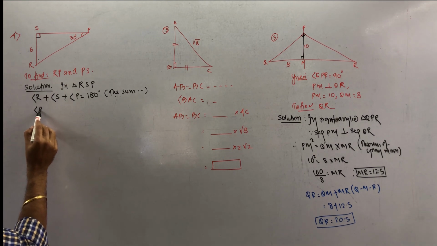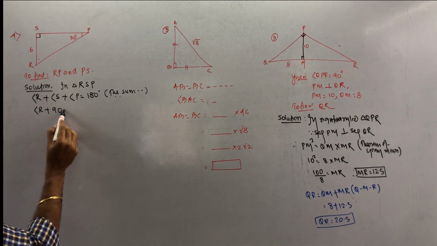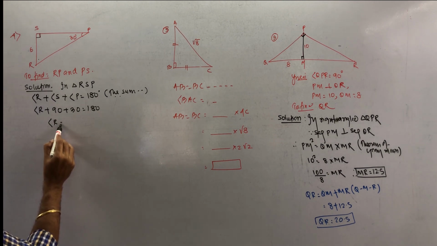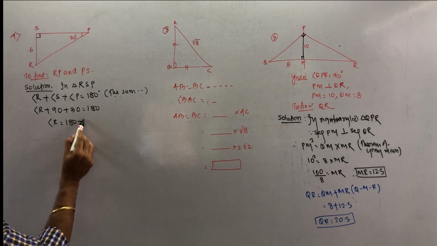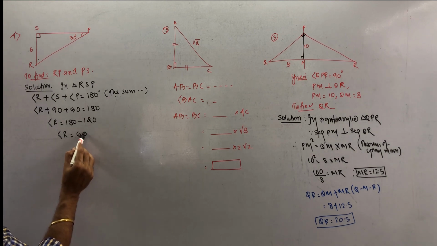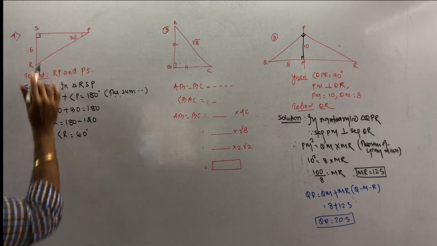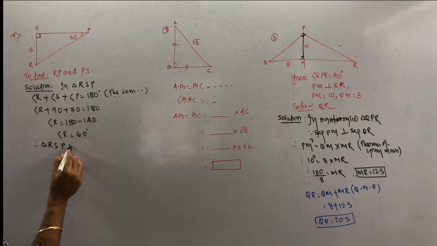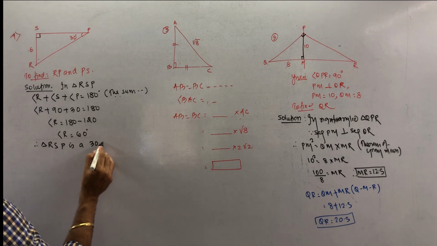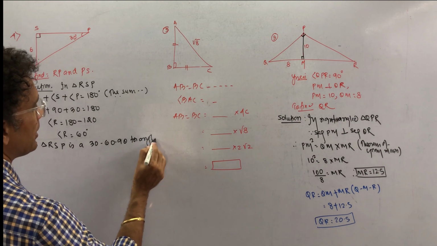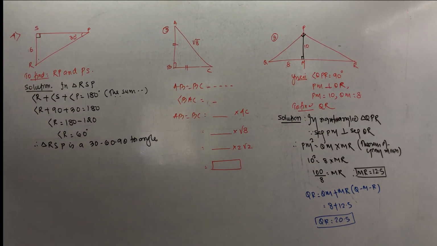We have to find angle R: angle S is 90, this is 30, equal to 180. Angle R is equal to 180 minus 120, and we get angle R is equal to 60 degree. Therefore triangle RSP is a 30-60-90 triangle.